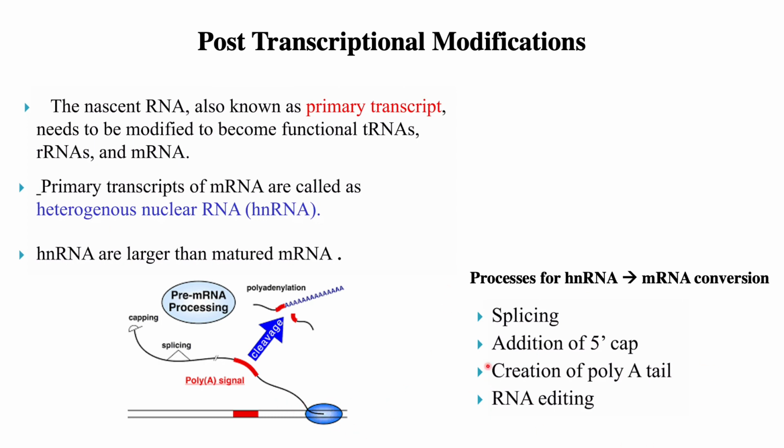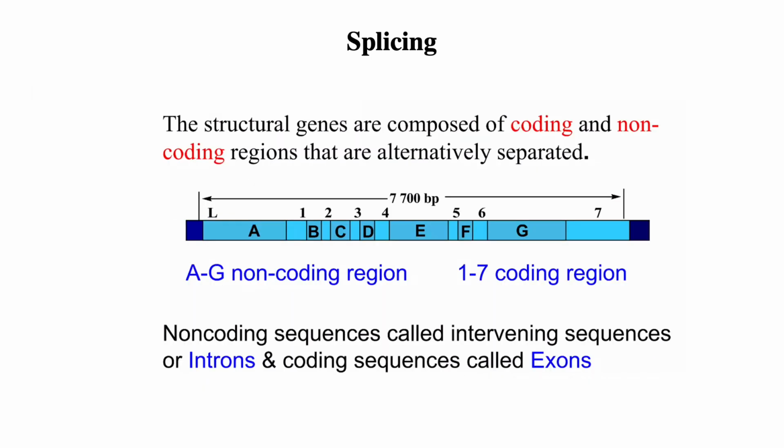All of these happen in the post-transcriptional modifications and are responsible for several functions, and the misregulation of these also leads to diseases and differences in regulation. So let us look at each of these further. One of the major processes of RNA processing is splicing.